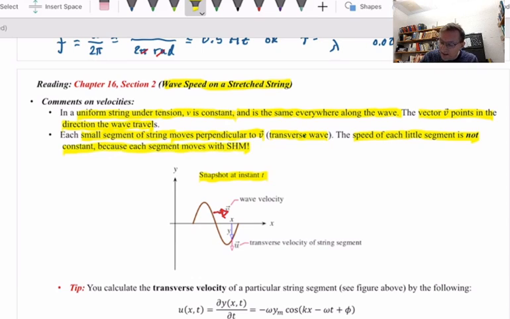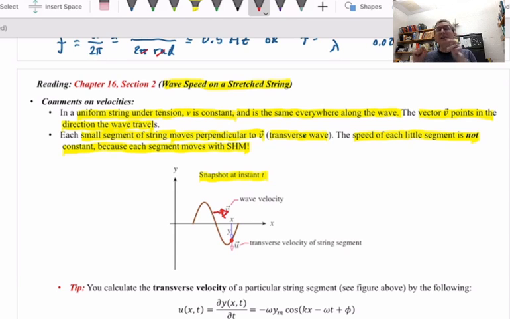Let me emphasize that with this point right here. There's my red dot on a piece of the string. If I were to follow that red dot with time, it would move up and down along the y direction with simple harmonic motion. Therefore, every little piece of string is a simple harmonic oscillator.